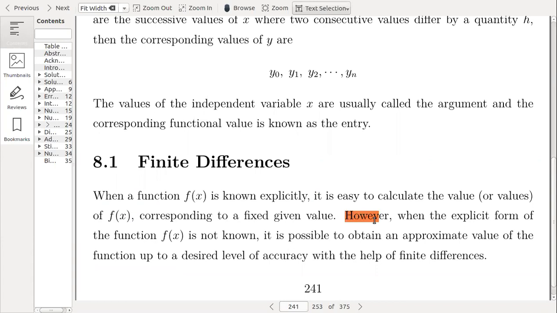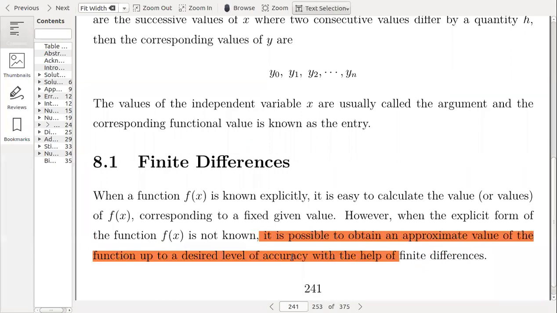However, when the explicit form of the function is not known, we can obtain an approximate value of the function up to a desired level of accuracy with the help of finite differences.